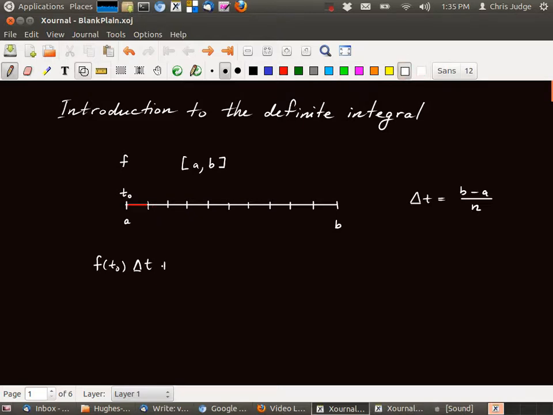That's the contribution for the first subinterval. Then we add to that the contribution for the next subinterval, which if we're doing left-hand sums, we'd start at t1 times the length of that subinterval, which if they're all equally spaced is again delta t.